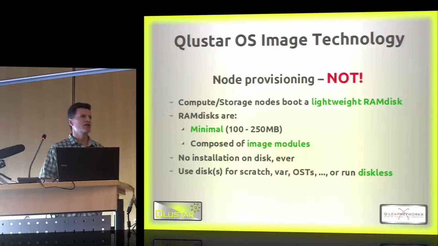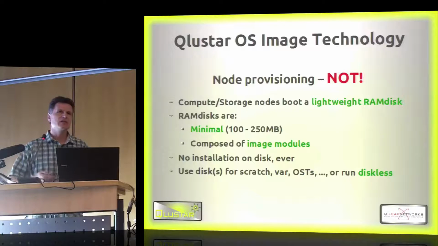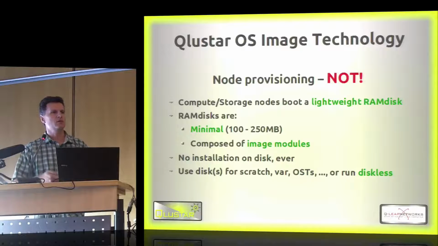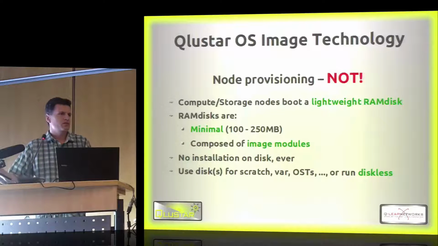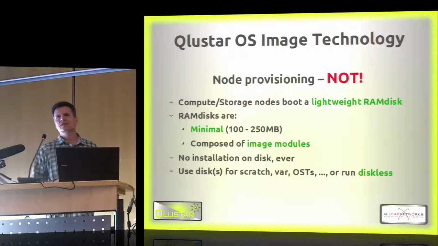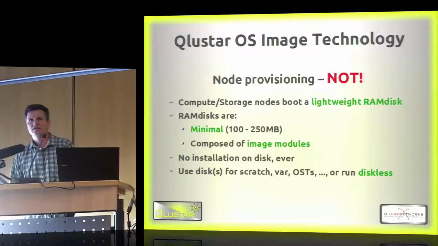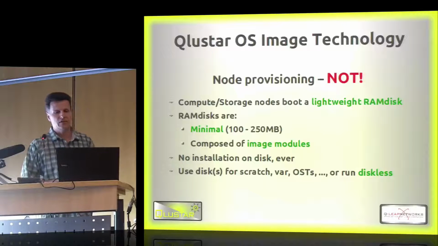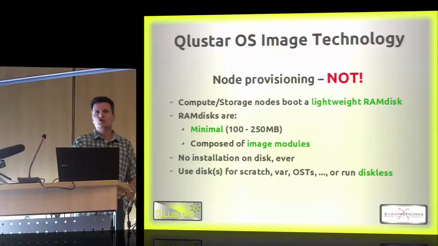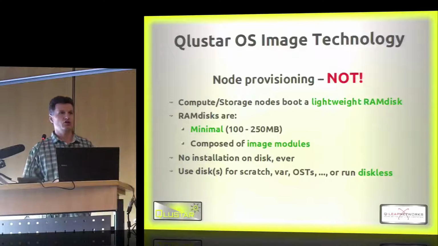Actually, we usually advise doing that because it's easier to keep the logs and so on. You have swap space as well. But of course, the system runs in RAM, so running a diskless cluster really comes for free. I mean, that's a standard operating mode for this type of cluster. Or, of course, for storage nodes, you have disks for your object storage targets.